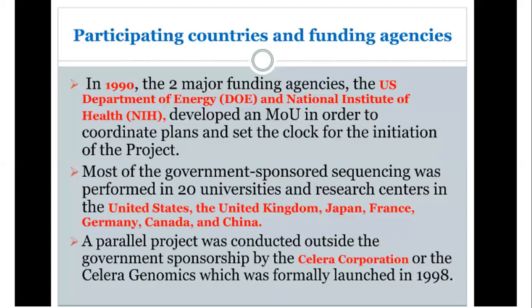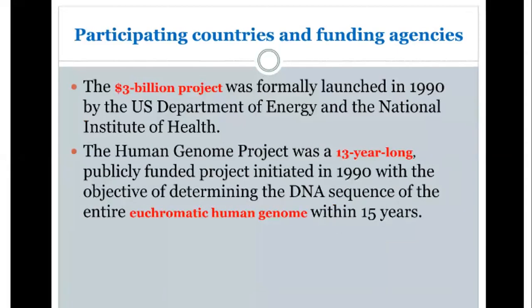Because in science, a result from one scientist is not accepted until the same experiment is performed by many scientists and the result is the same. That's why the 20 universities and Celera Corporation performed the same work and the result was the same.